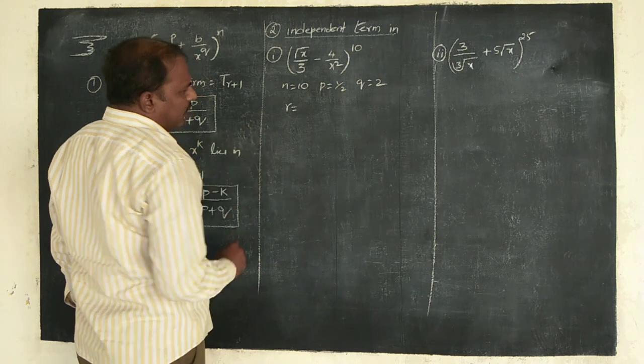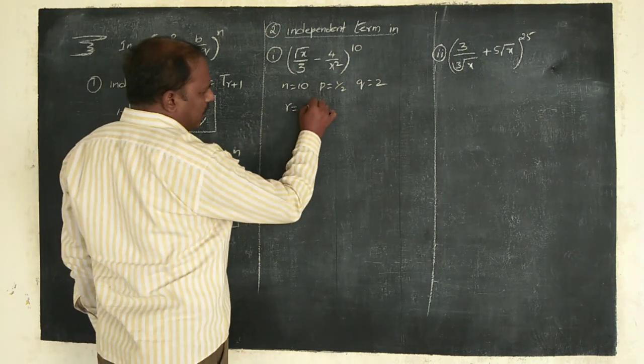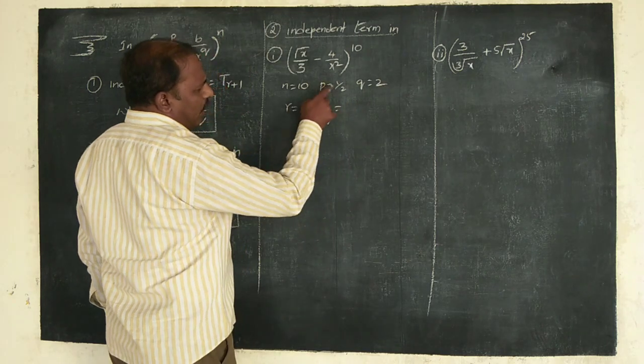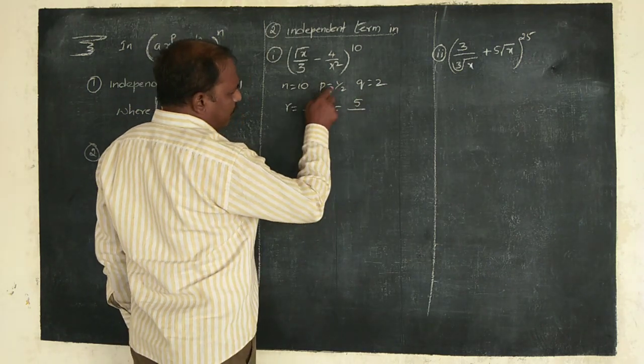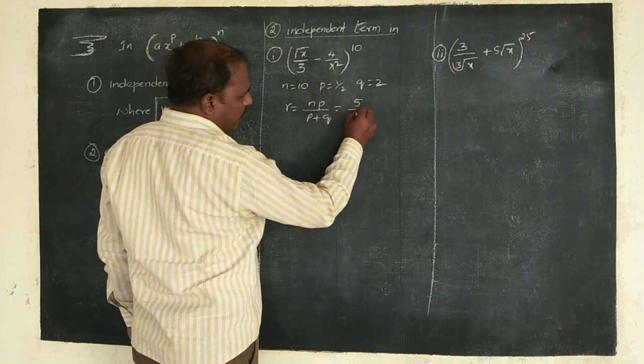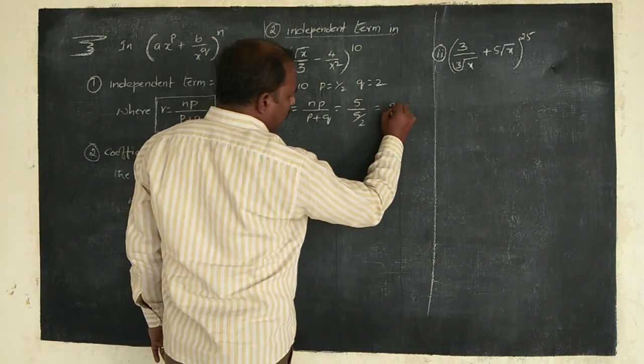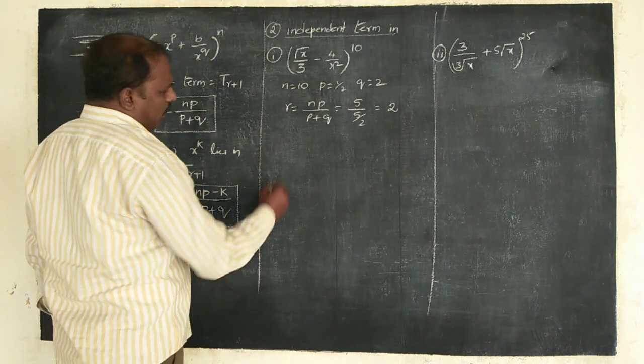So in order to find the Tr plus 1, the r value is np by p plus q. np is 5, 5 by p plus q is 5 by 2. 2 plus 1 by 2 is 5 by 2. So totaling, r value is 2.